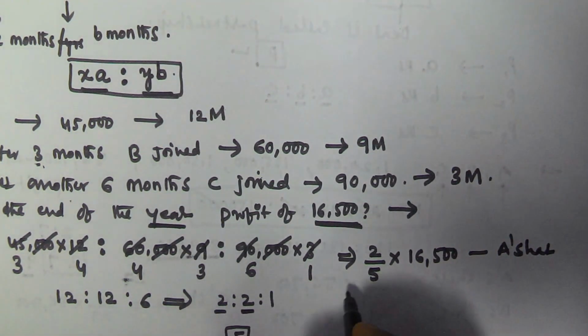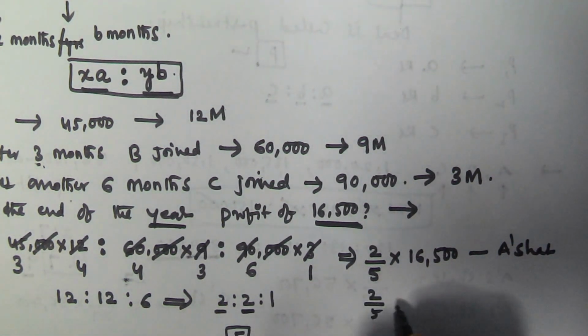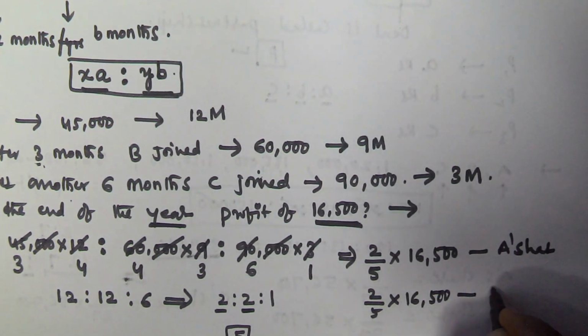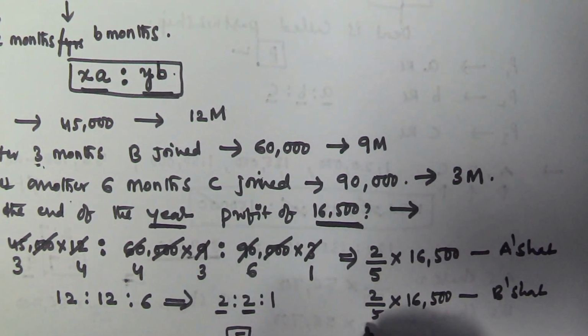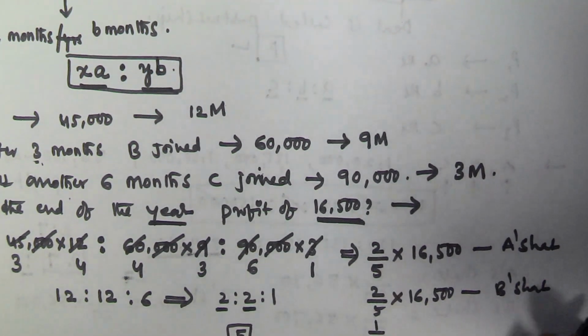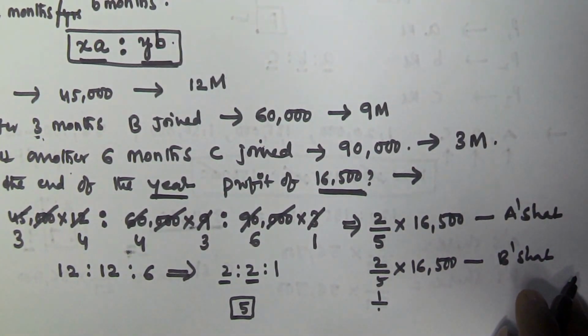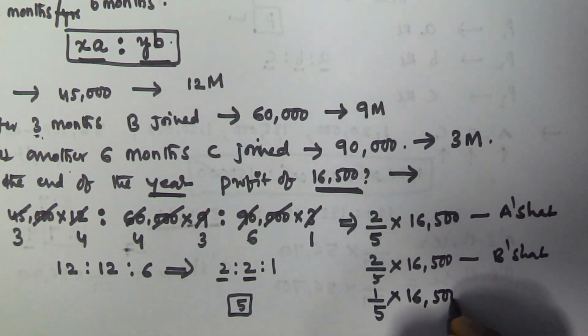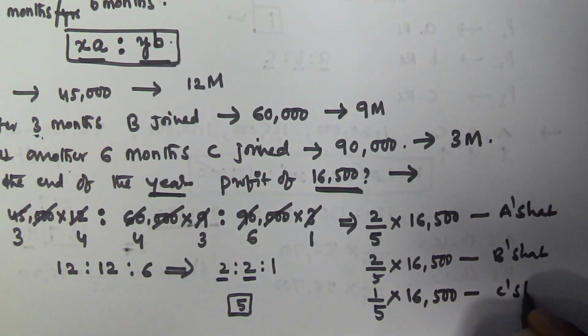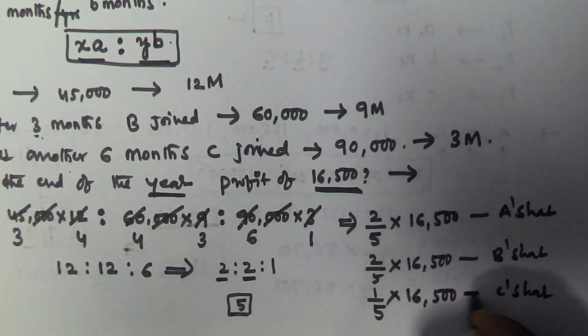B also got 2 parts out of 5, so 2 by 5 into 16,500 gives B's share. C got 1 part out of 5, so 1 by 5 into 16,500 gives C's share.